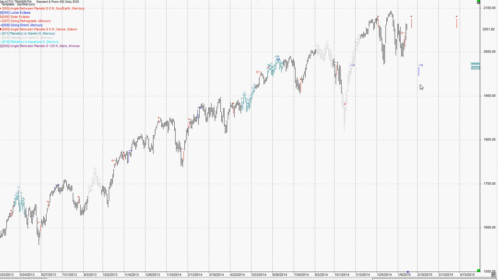And then in February we're going to get Mercury turning direct on February the 11th. So keep in mind those dates, because they could all be potential turn dates.